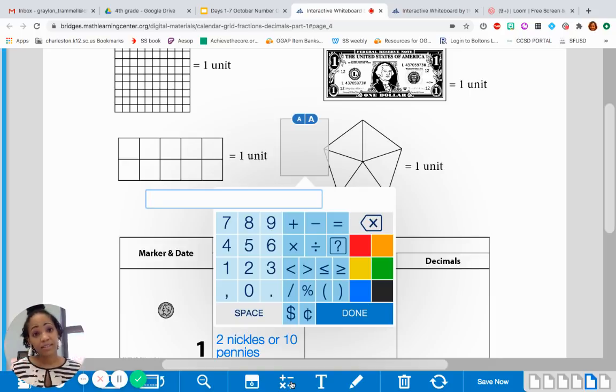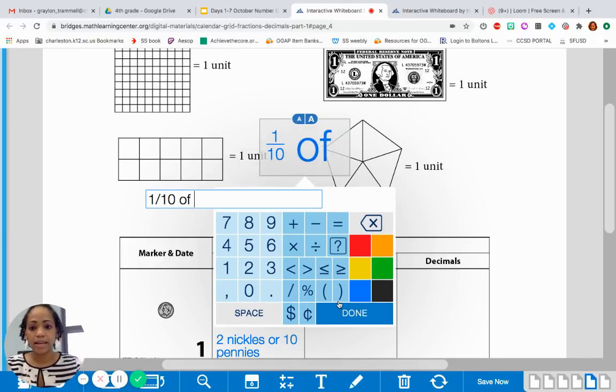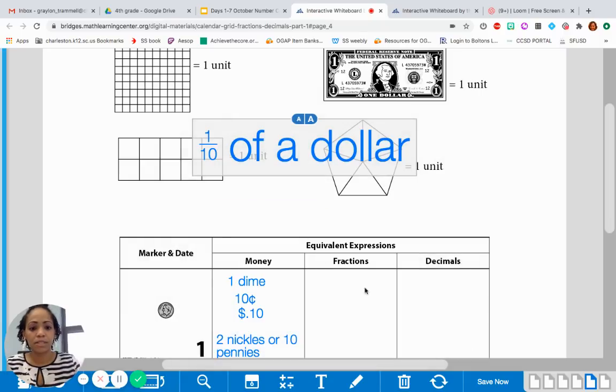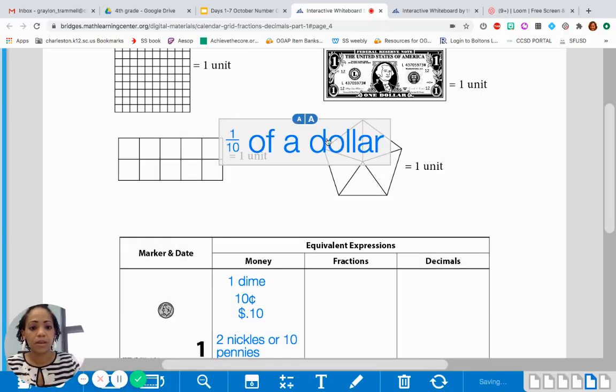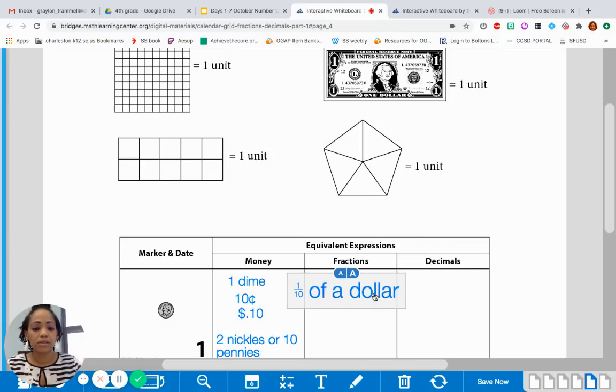Since I only have one, it means I have 1/10 of a dollar. So I'm going to write that as a fraction, 1/10. And I'm going to add of a dollar, just to be really specific here. And I'm going to put that in our fractions section.